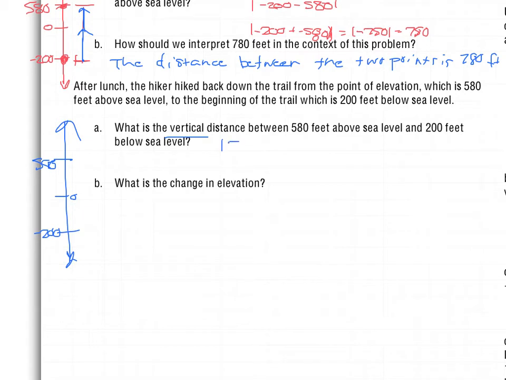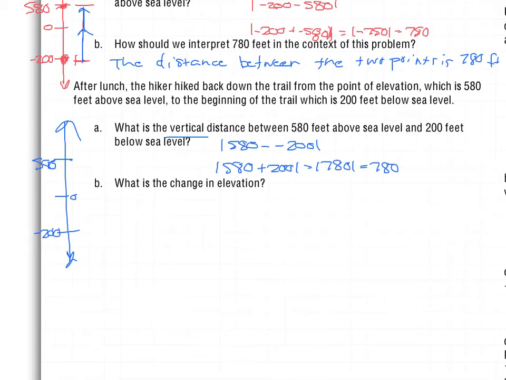This is going to be 580 minus -200. Add the opposite, 580 plus 200, is the absolute value of 780, which is 780. So again, we see the distance hasn't changed regardless of what direction he's walking. And that's that concept that we're talking about.